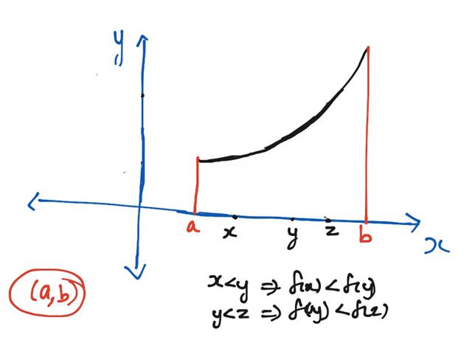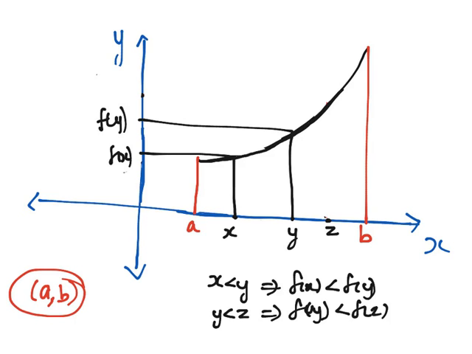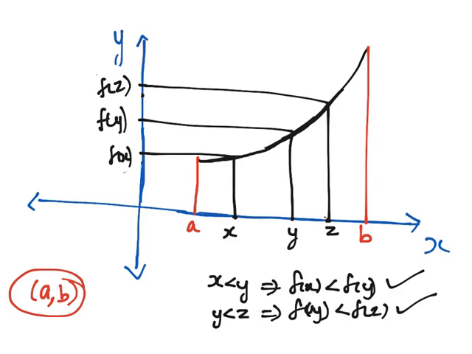Let us check. Say this is x, so this is f of x, this is y, so this is f of y, and this is z, and this is f of z, right? Definitely. So this is true, this is also true. So let me generalize this statement.